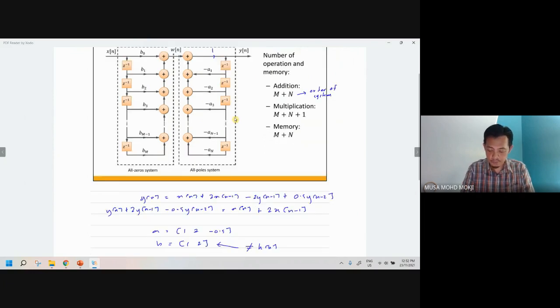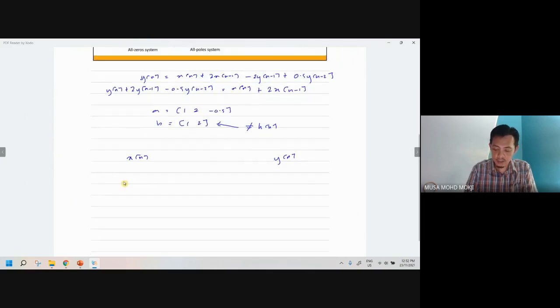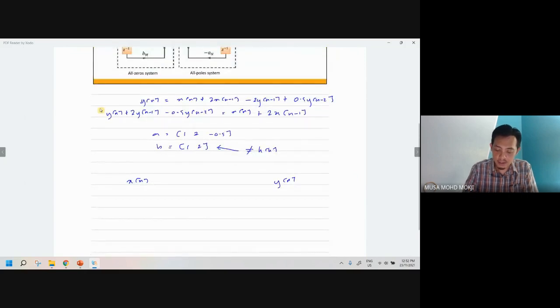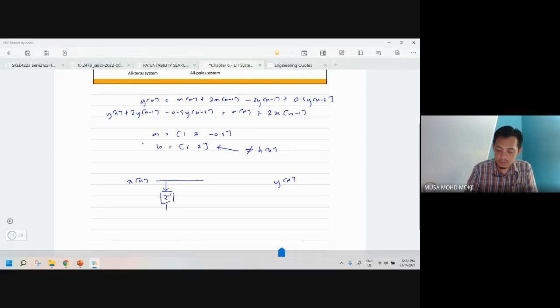All right, so let's draw that. So this is xn. So xn is going somewhere here, and then you have a delay of 1. So we have only 1 here. Z minus 1, put an arrow. This is where you need to sum.